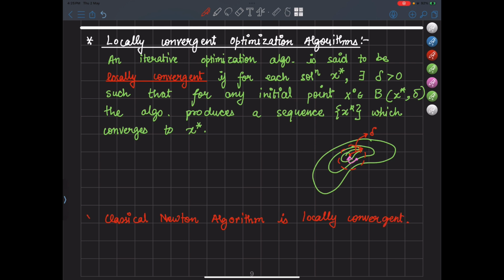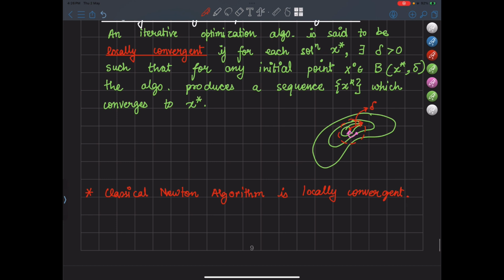Which means for any function, if you are using the classical Newton algorithm and you choose the initial point close enough to the optimal point, then you will eventually converge to that point.